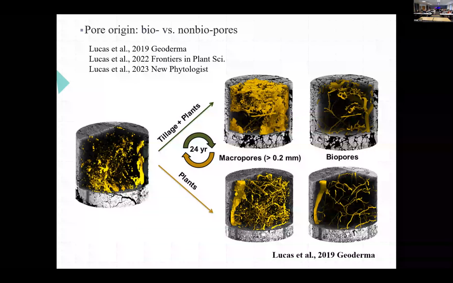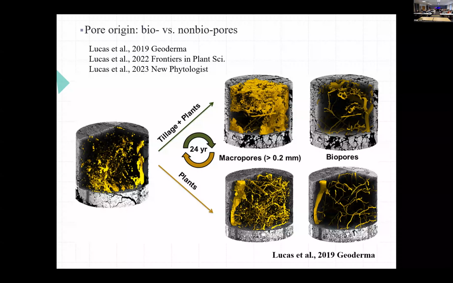Another, let me just very briefly, I think I'm running short on my time. Another example of what could be gained from that information is the shape of pores. Specifically, what you can get from pore shape is you can infer their origin.